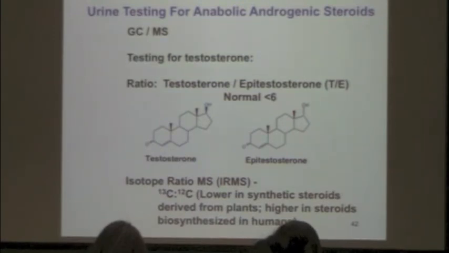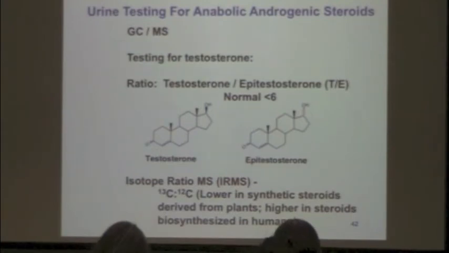But that's usually the standard, because a normal male will have usually around that ratio if they're not taking exogenous testosterone. But if they're taking exogenous testosterone, the epitestosterone, which is made by a different route than the normal testosterone, will be much less.